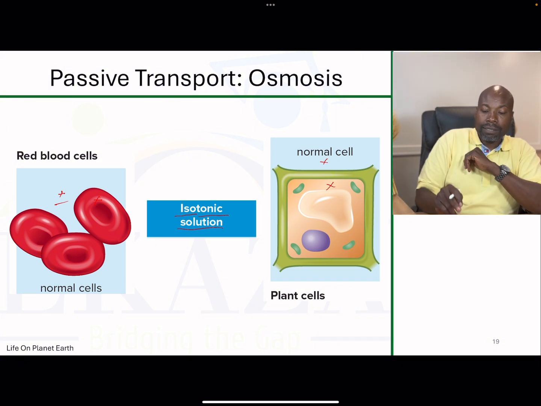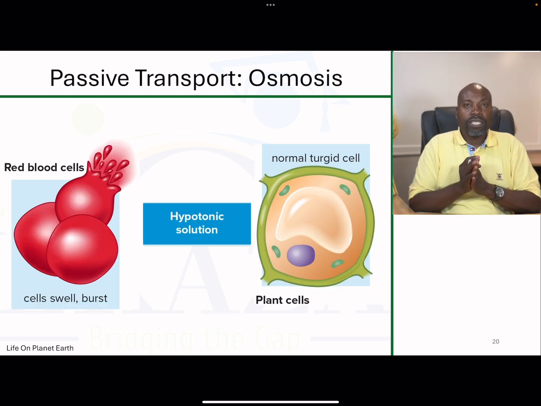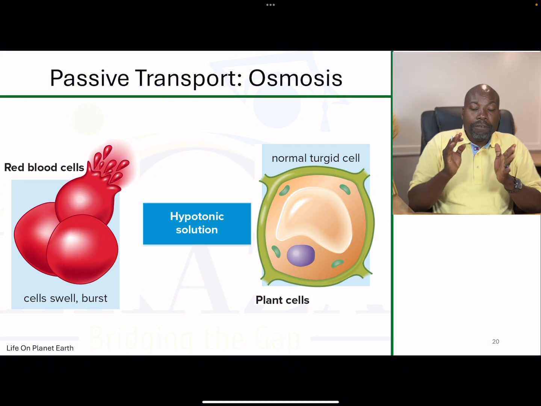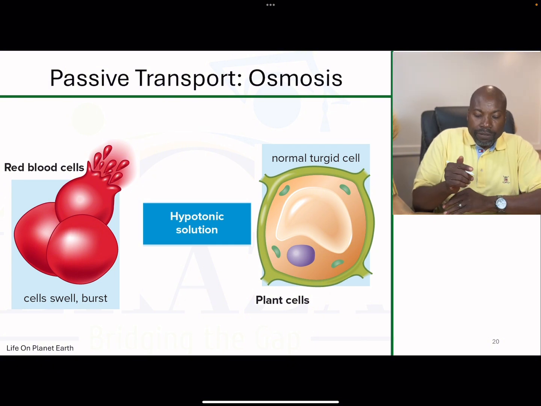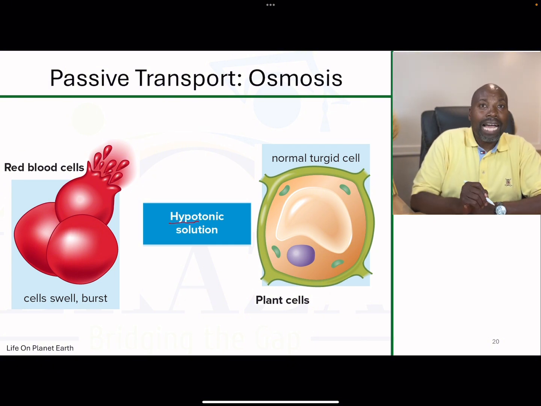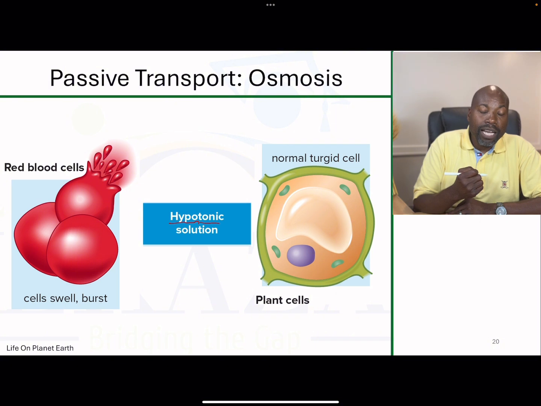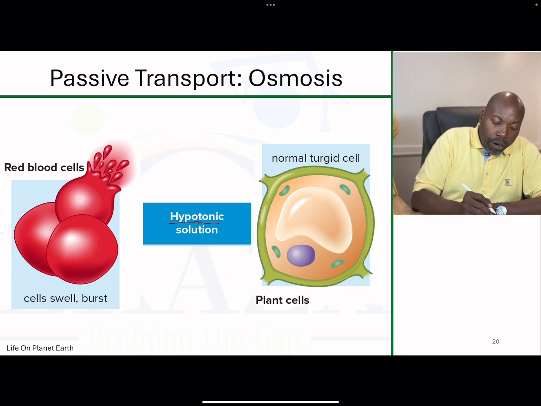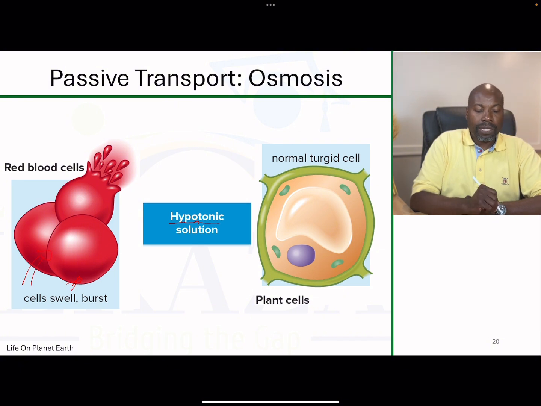So now let's look at the consequences of the difference in the concentration. So if our cells find themselves in a hypo, meaning less tonic concentrated, right? If our cells find themselves in a less concentrated environment compared to the inside, for red blood cells, water is going to rush inside, okay?